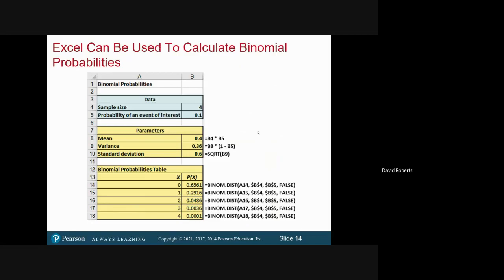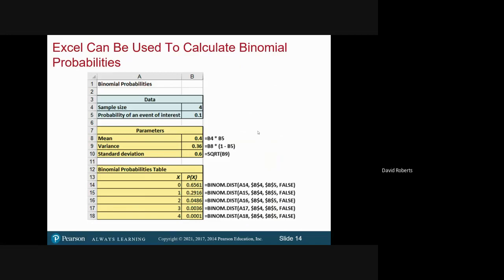So if you were to go from 0 to 2, what's the probability of getting none, or 1, or 2? So you want 0, 1, and 2, and rather than adding it up, you would put true under row 16 instead of false. So there's a 4.86% chance there will be 2 observations out of 4.